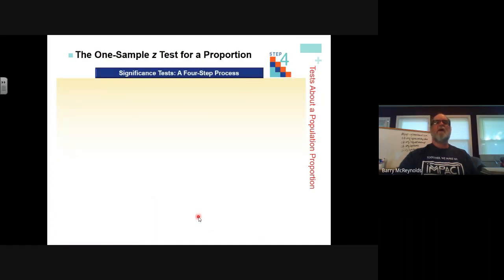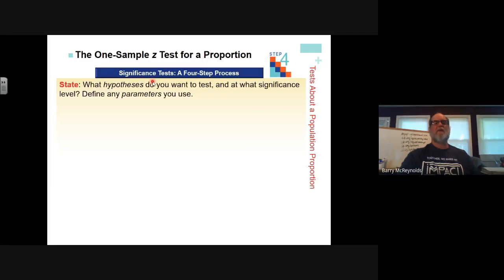Okay, and so in order to determine whether we reject or accept the null hypothesis, we have to know what the significance level is. Okay, and so in this case, we've talked about this four-step process. In this case, this might help you kind of organize your thoughts. We're going to state what we want to do. We want to do a hypothesis test at a particular significance level.